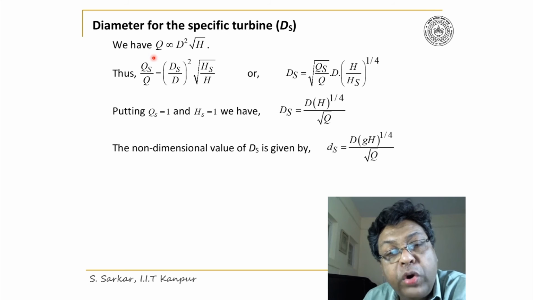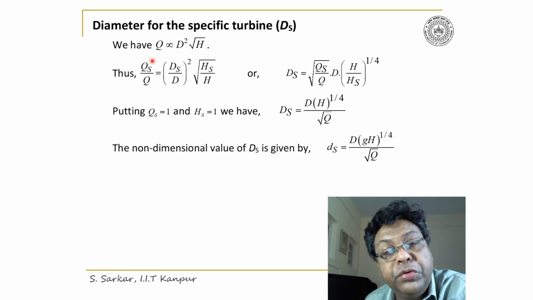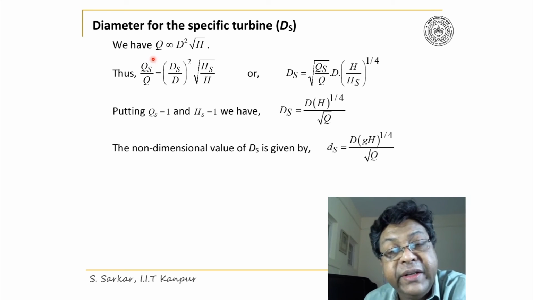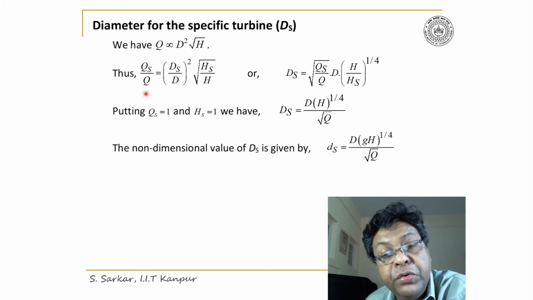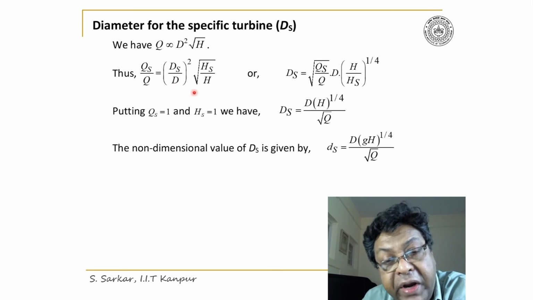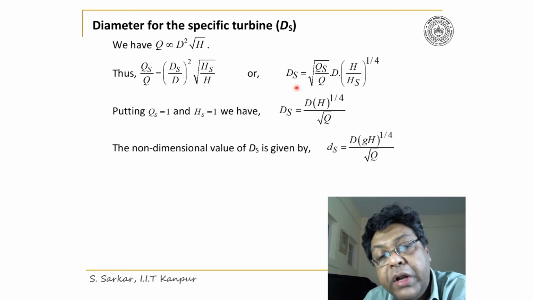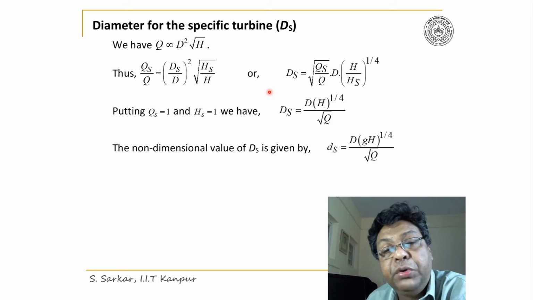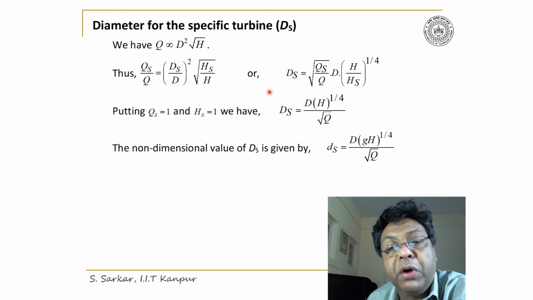We know Q is proportional to D squared root over H. Thus I can write Qs by Q is equal to Ds by D squared into root over Hs by H. And from here I can get Ds is equal to root over Qs by Q into D into H by Hs to the power 1/4.